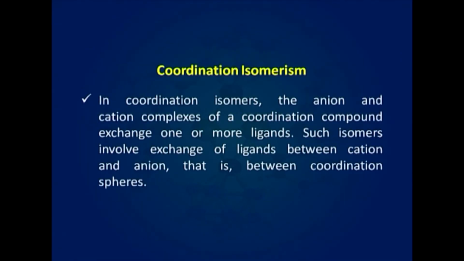In coordination isomers, the anion and cation complexes of a coordination compound exchange one or more ligands. Such isomers involve exchange of ligands between cation and anion, that is, between coordination spheres.